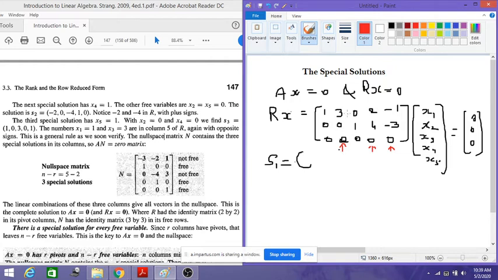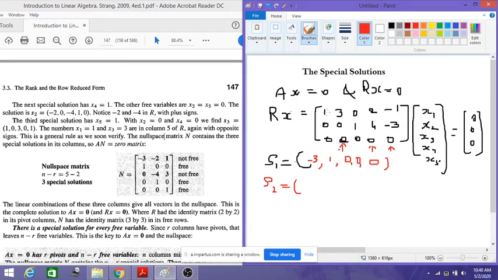If I make this column's variable 1 and the remaining free variables 0, then I need x1 equal to minus 3, this equal to 1, and all others equal to 0. So this is my first solution. For the second solution, I make the fourth column variable equal to 1 and all other free variables equal to 0.